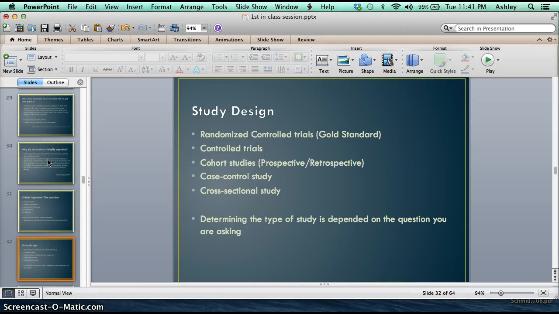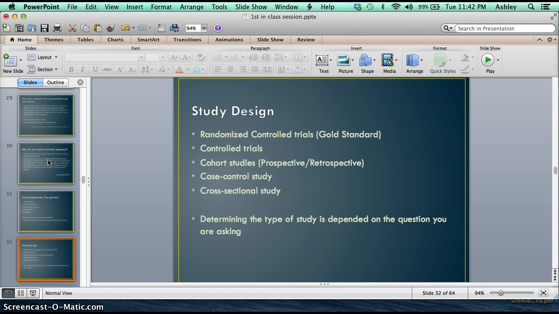Case control studies. So case control studies are studies in which patients who already have a specific condition are compared with people who don't have the condition, okay? Generally, researchers are looking to identify factors or exposures that might be associated with the illness that they're looking at, and generally, they will rely on medical records for data collection.